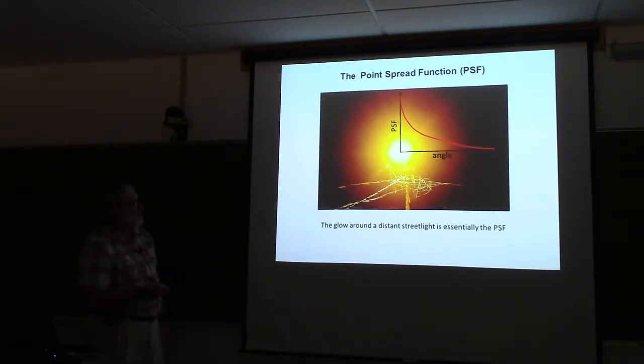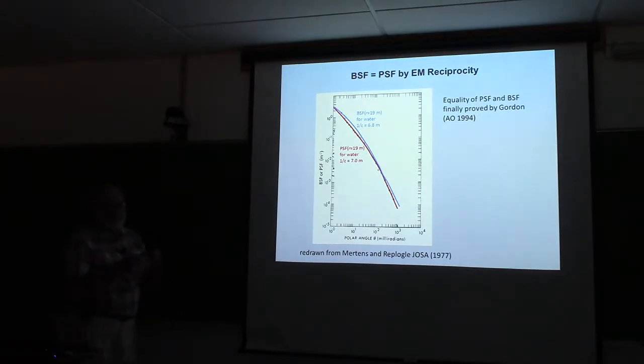Okay, now it turns out the point spread function and the beam spread function are numerically equal. Here's some data from a classic paper back in '77 where they've measured polar angle, so this is my little theta, and in either the beam spread or the point spread function, units of meters squared.